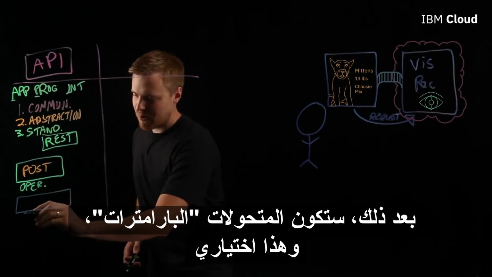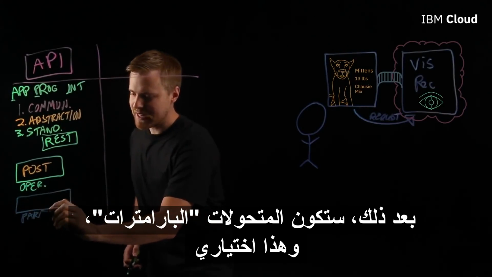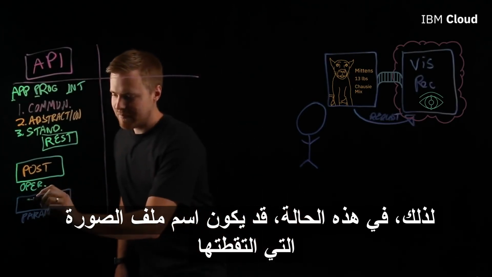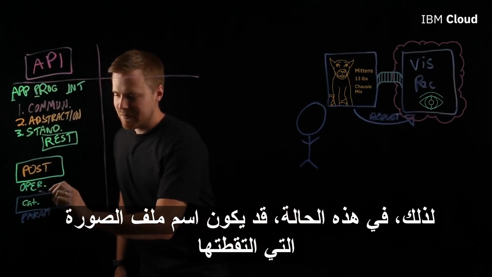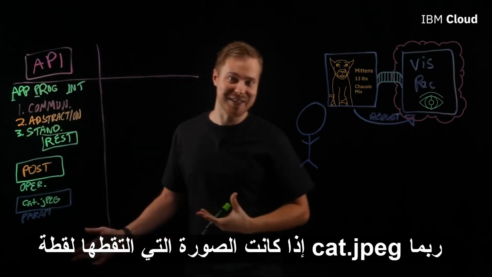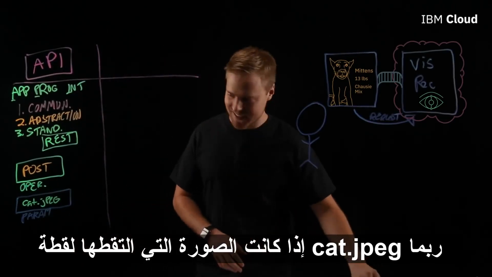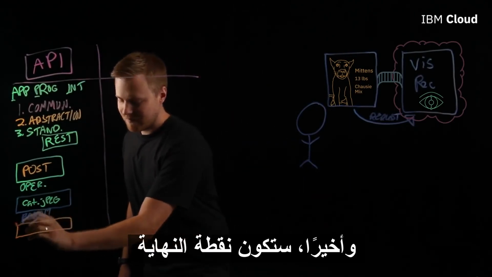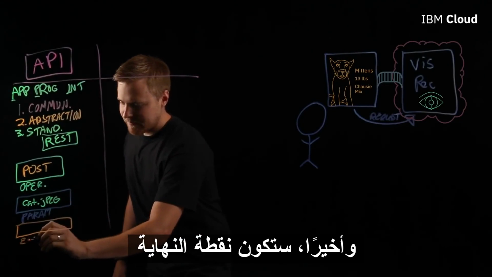Next would be parameters. This is optional, right? In this case, it might be the file name of the image you took, so maybe cat.jpg, if it's a cat that you took a picture of. And finally would be the endpoint.